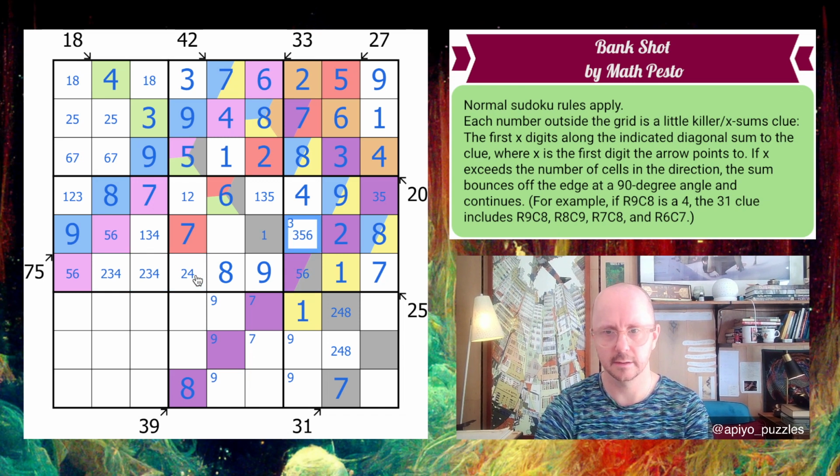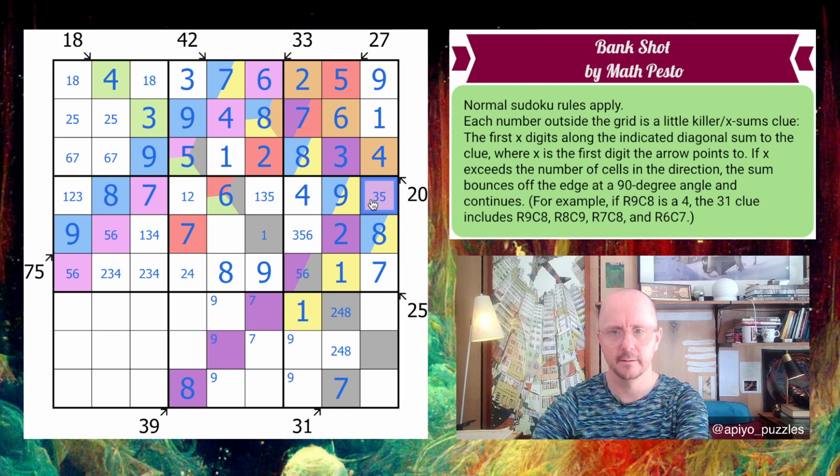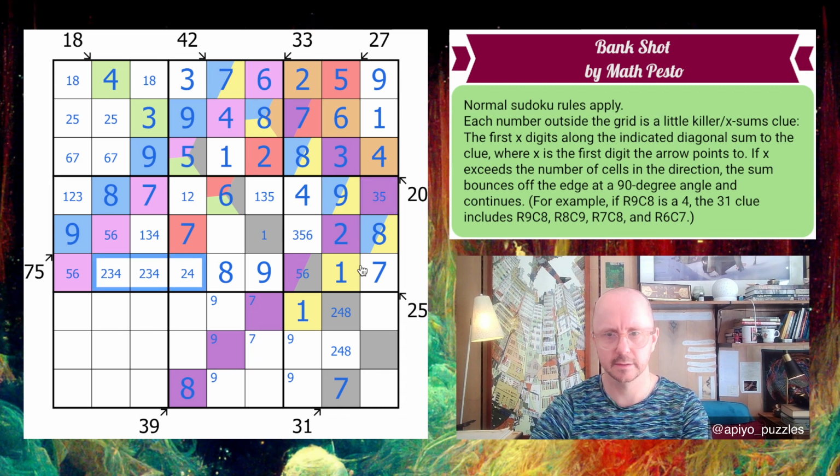So that, why did I say, why did I put 3 pencil marks there? Could have been there. Take that out. I feel like that could have been a 3. Perhaps there's some reason why it can't, but I'm not sure. In any case, we've got the 2, 3, 4, we've got the 5, 6.